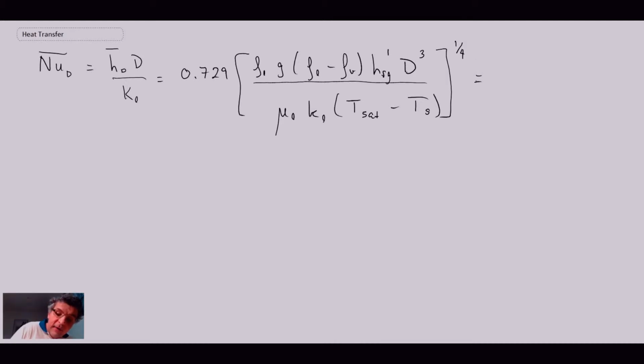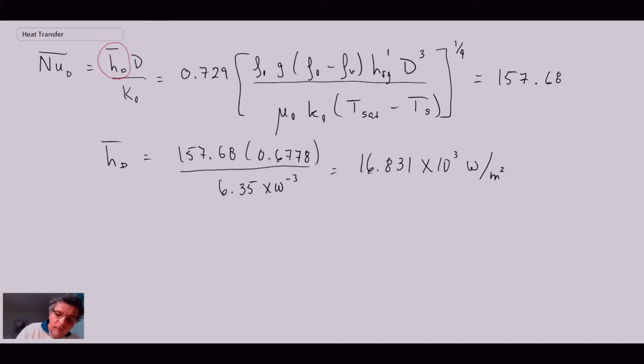With this, we obtain a Nusselt number of about 157. We can take that and evaluate the convective heat transfer coefficient for a single cylinder, which is what we're interested in obtaining. Doing that, we get about 16 or 17,000 watts per meter squared Kelvin, and that is for a single tube.